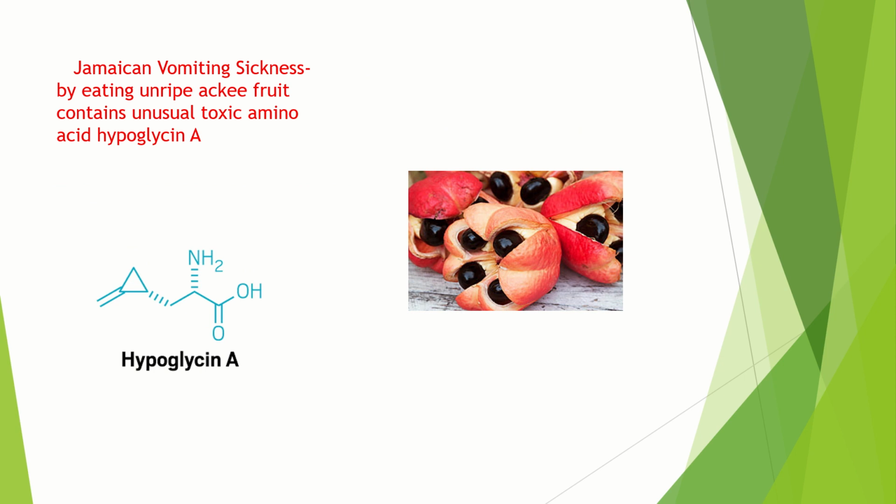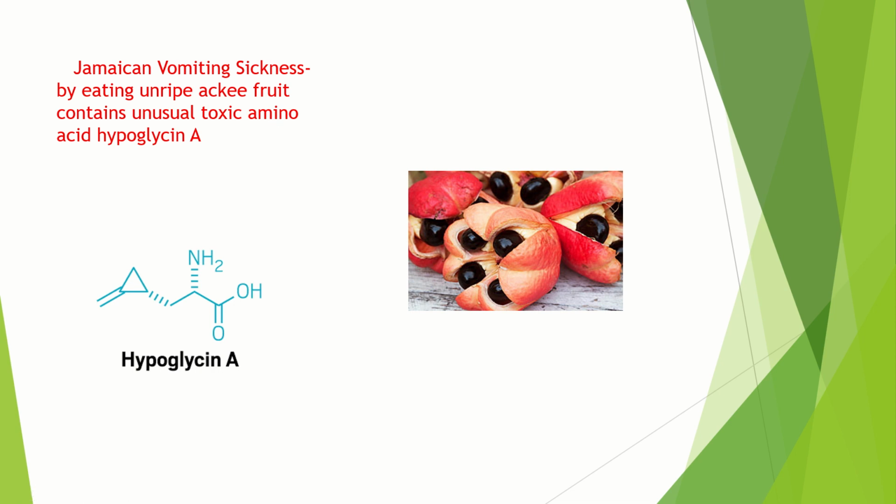Another important disease that happens because of abnormalities of fatty acid oxidation is Jamaican vomiting sickness. This takes place by eating unripened ackee fruit, which contains the unusual toxic amino acid hypoglycin.